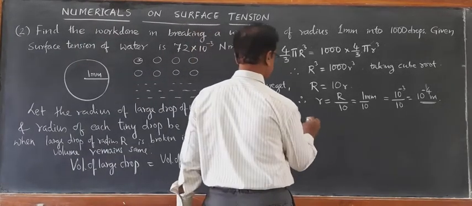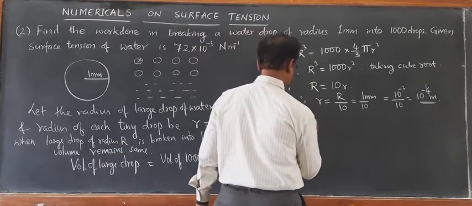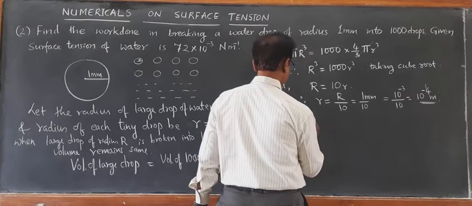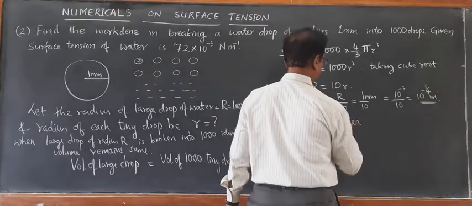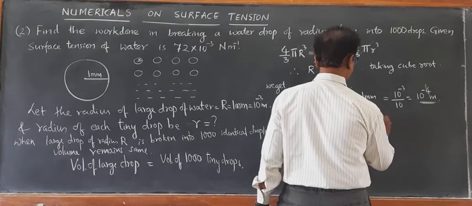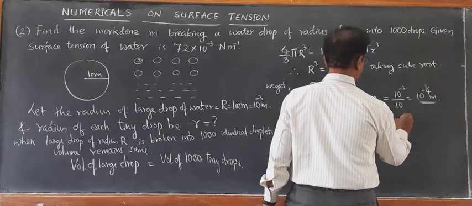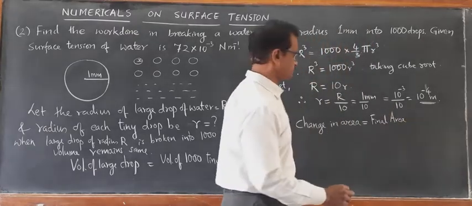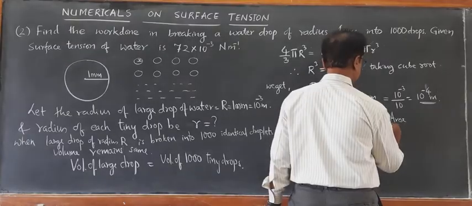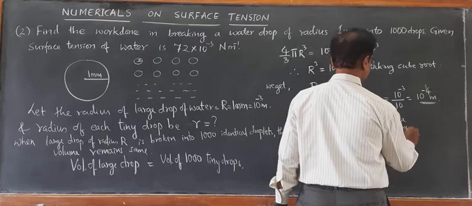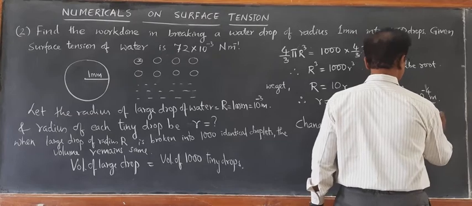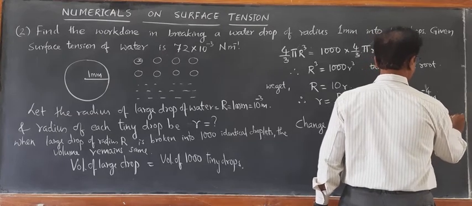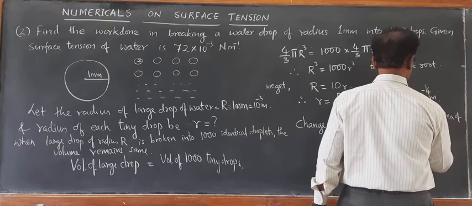Now we write. First we calculate the change in area. The change in area is calculated as the final surface area of 1000 drops minus the initial area of the large single drop.